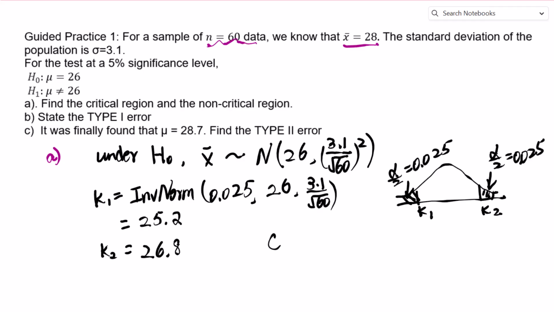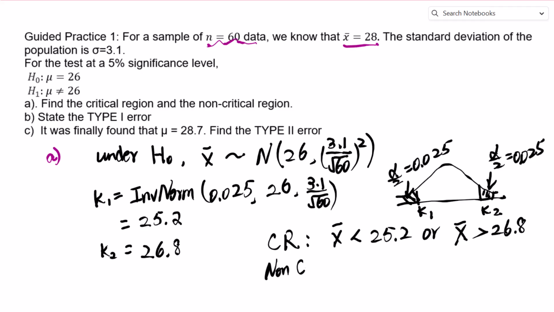K2 equals 26.8. So for critical region, X bar less than 25.2 or X bar greater than 26.8. Non-critical region, X bar greater than or equal to 25.2 and less than or equal to 26.8.